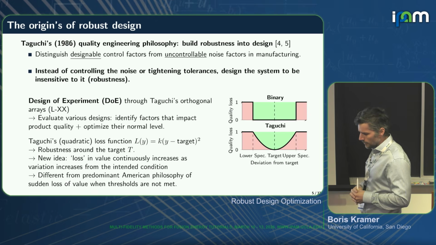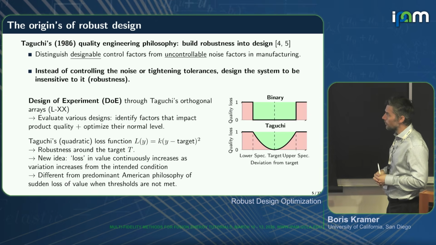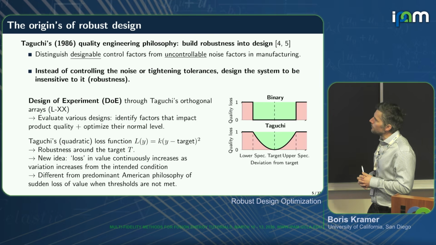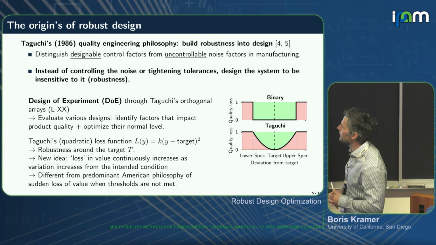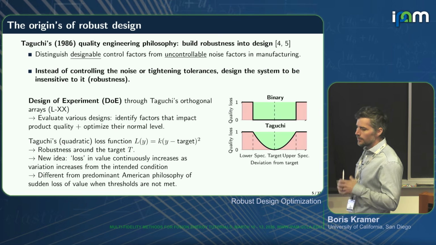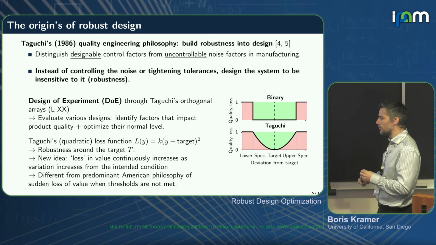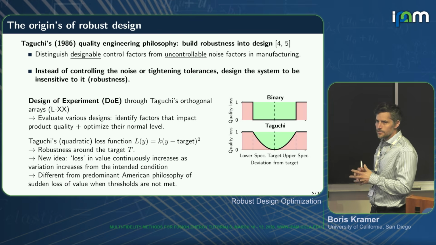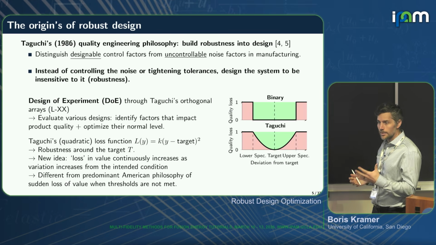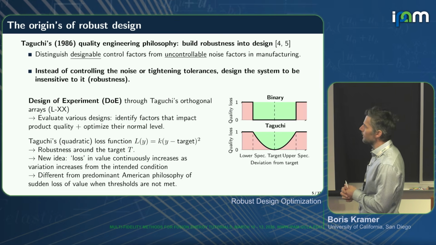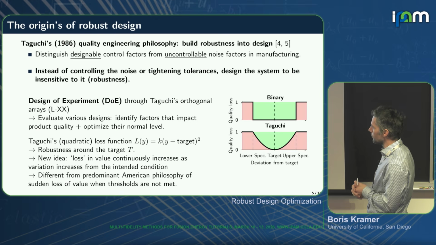So Taguchi out of Japan is largely credited with bringing up this new idea of robust design, where we want to distinguish between designable factors, they call them control factors, things that we can design for, and things that we cannot necessarily, things that we can really affect, these are the design variables, and uncontrollable noise factors are kind of our random variables. So there's a philosophical split that came up in Taguchi's method, and then of course it's much more formalized than the things that we're talking about today.